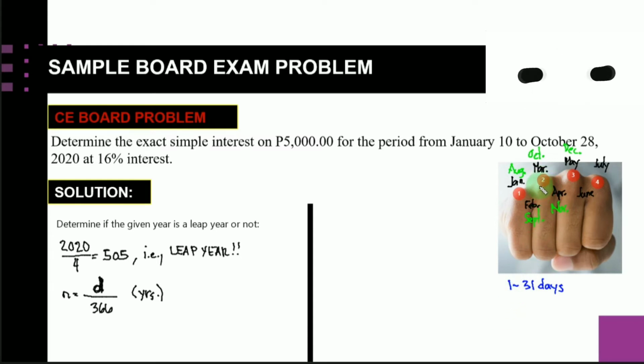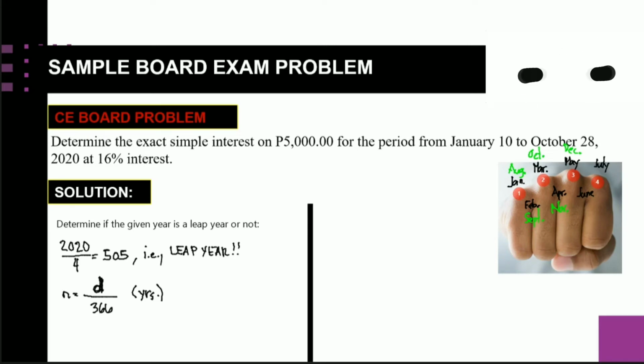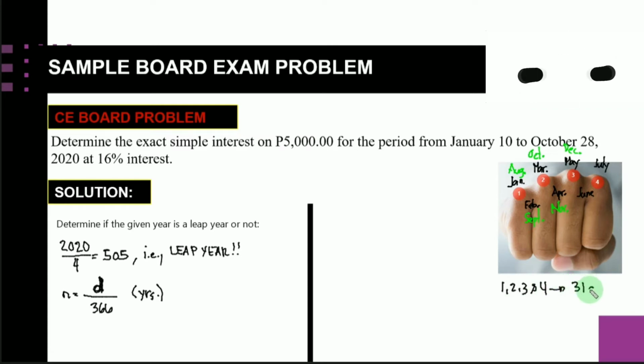And it belongs to this number 2 also, okay. So I think it's better if we put it this way. So we have here for the knuckles 1, 2, 3, and 4, it is equivalent to 31 days, okay?